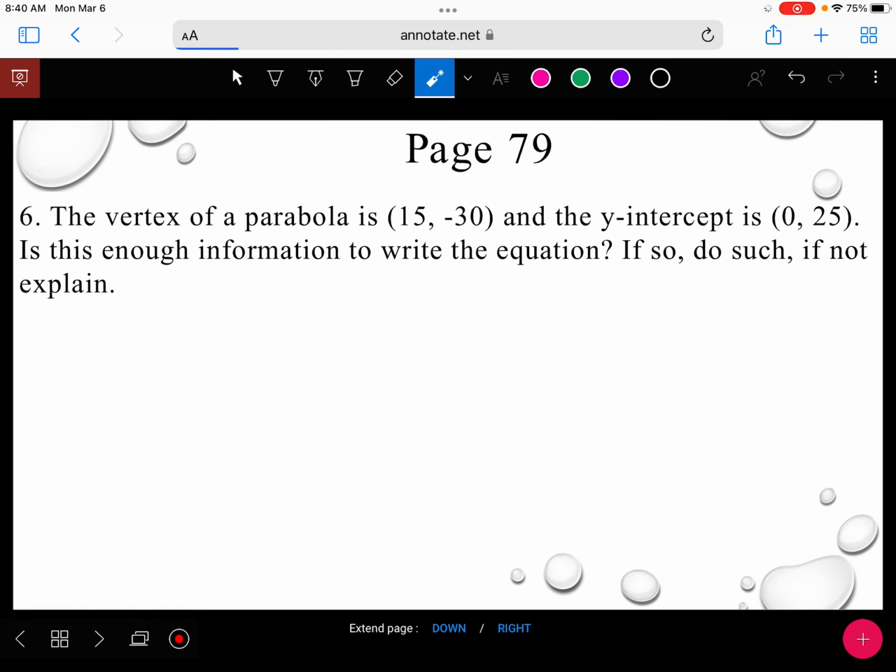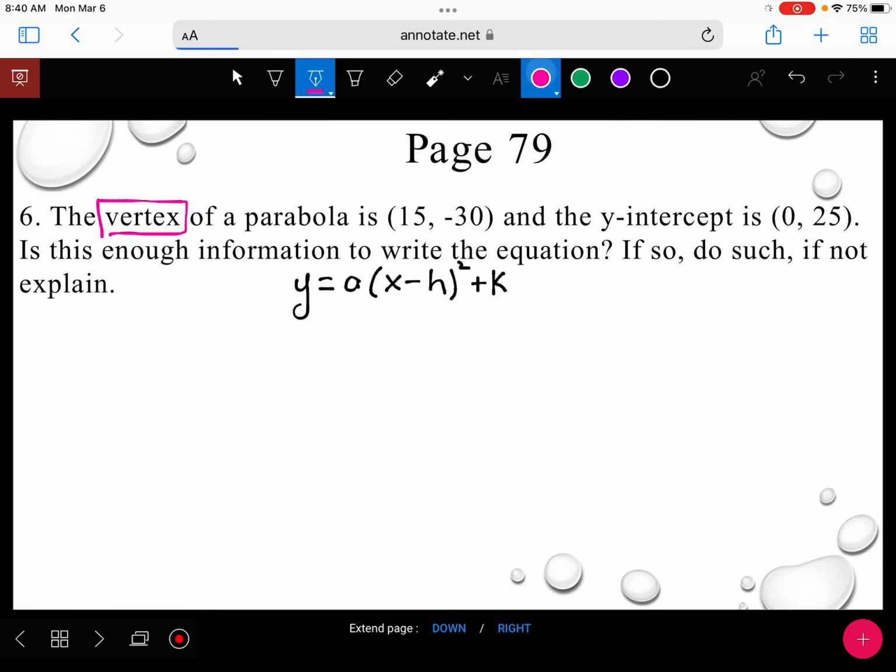So if I know the vertex of a parabola, which equation should we probably use? Which formula? This is our code word right here. If I know the vertex, which form are we going to use? Vertex form. So we've got our y equals a x minus h squared plus k.